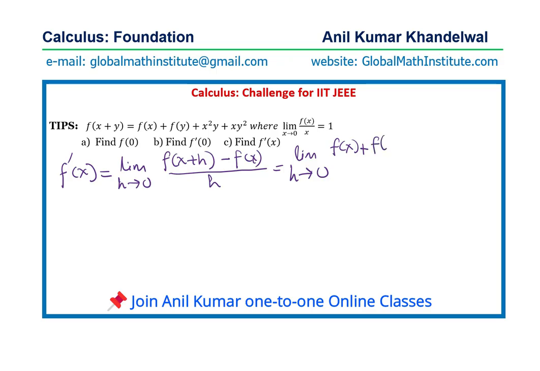So, we are left with f of x plus f of h plus x square h plus x h square, right? Minus f of x over h. Now this is equal to, let's change the ink.